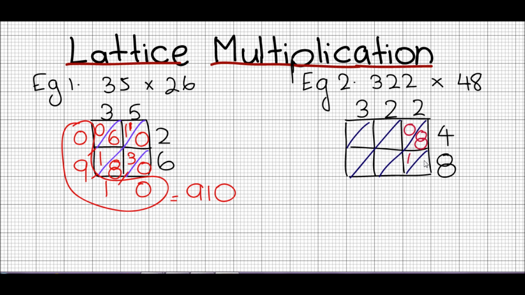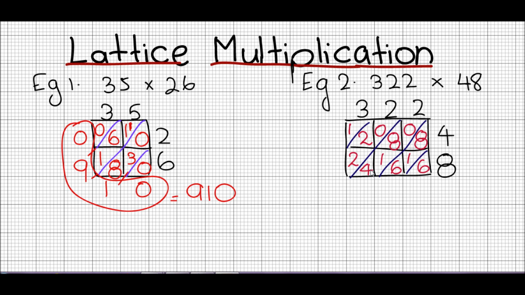So we write down 1 here and 6 here. 2 multiplied by 4 gives us 8. 0 here and 8 here. 2 multiplied by 8 for this one gives us 16 again, 1 here and 6 here. 3 multiplied by 4 gives us 12, so 1 in this and 2 here. 3 multiplied by 8 gives us 24, so we write 2 here and 4 in this little triangle here.